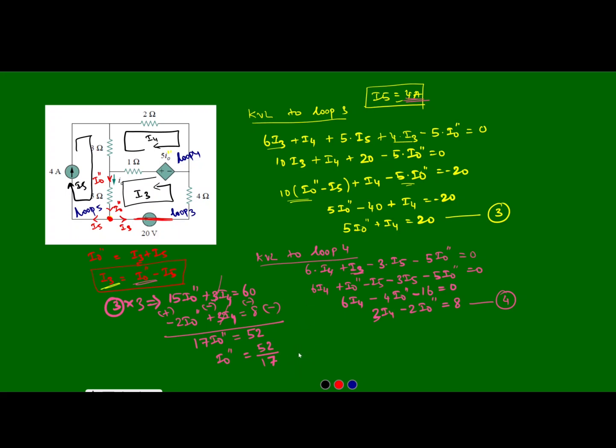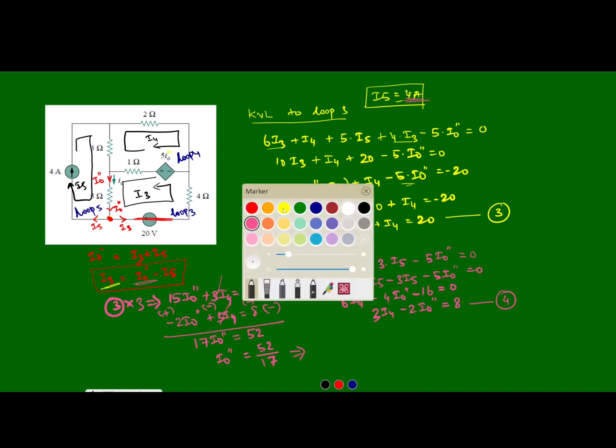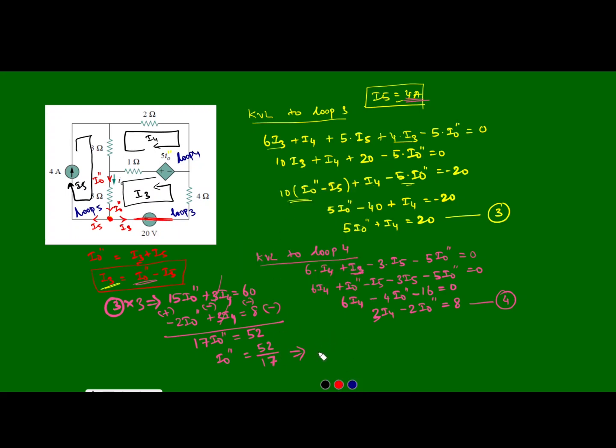Now we have found the value. This is because of when the current source is active.